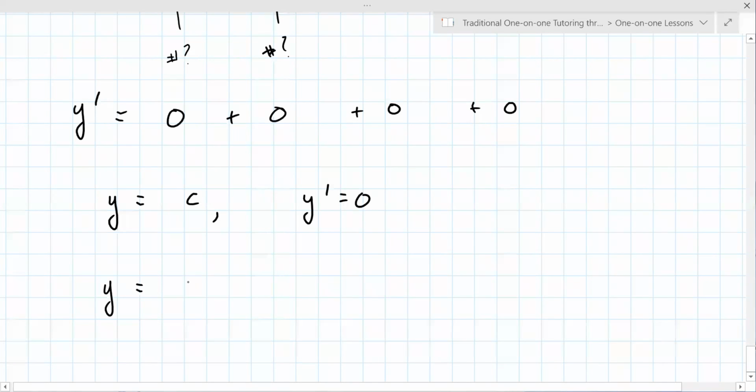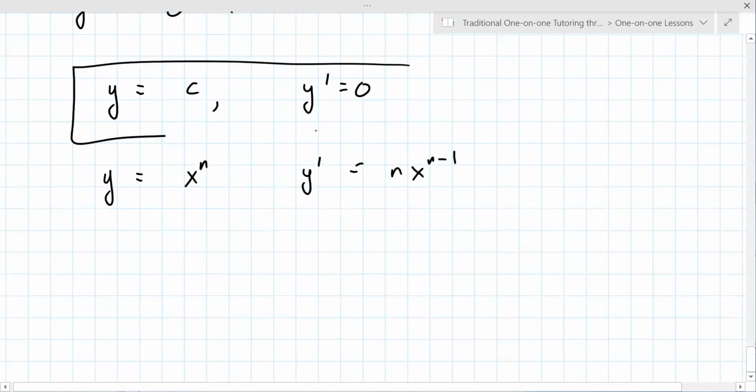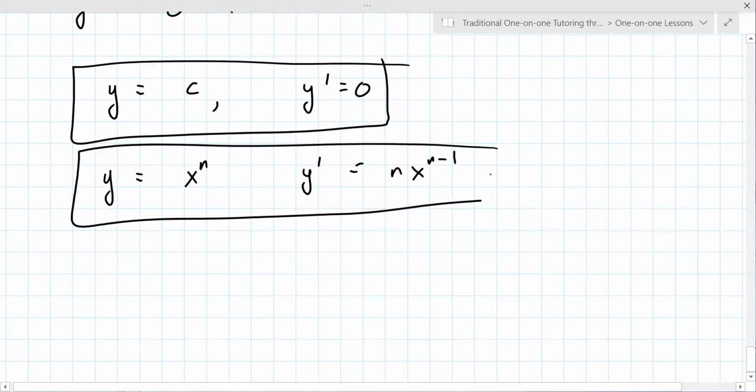And if y equals x to the n, y prime is n x to the n minus 1. Now this week, we're adding some things in.